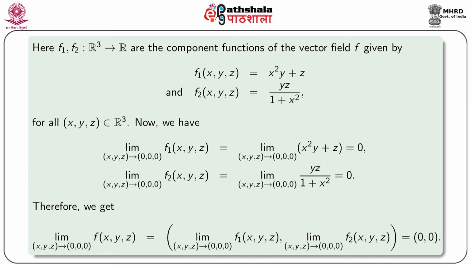They are the component functions of the vector field f and are given by f1(x,y,z) equal to x squared y plus z, and f2(x,y,z) equal to yz by 1 plus x squared. Now, we consider the limit as we approach the origin, that is, (x,y,z) tends to (0,0,0). So, we have limit of f1(x,y,z) equal to 0, limit of f2(x,y,z) equal to 0. Therefore, the limit of f as the point approaches the origin is (0, 0).